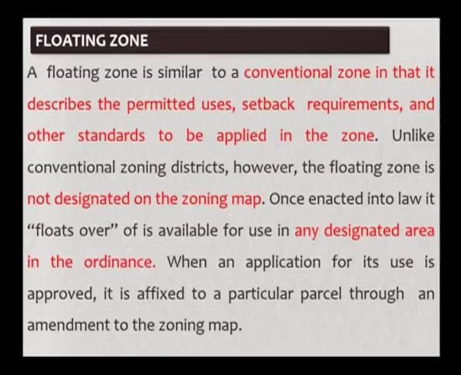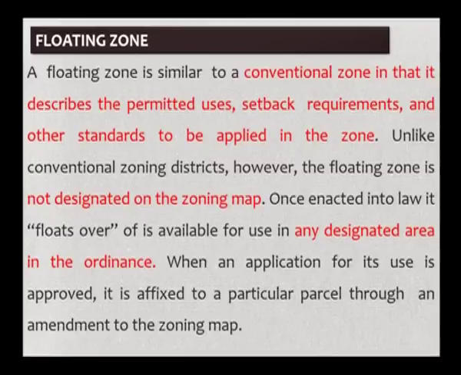Now, there is something called a floating zone. This is similar to a conventional zone in that it describes the permitted uses, setback requirements, and other standards to be applied in the zone. Unlike conventional zoning districts, however, the floating zone is not designated on the zoning map.